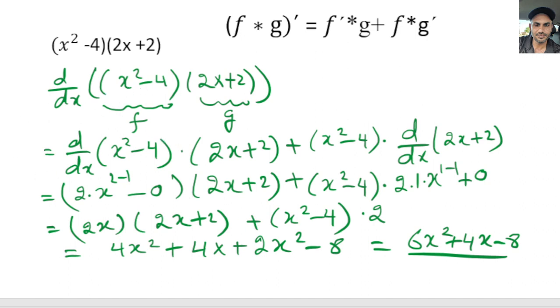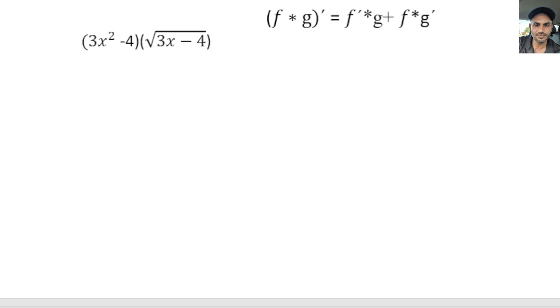All right, let's go do one more example. So here we have 3x squared minus 4 times the square root of 3x minus 4. So we are going to apply the same rule here. It's going to be the derivative of the first term, f prime, 3x squared minus 4, times just the second term.